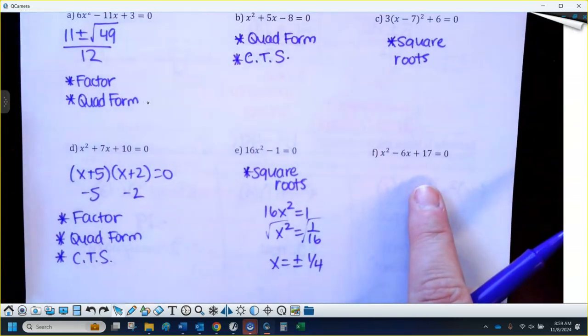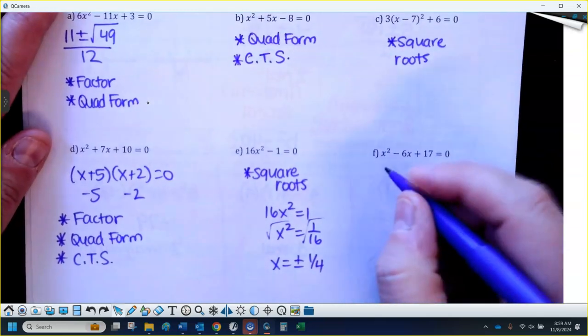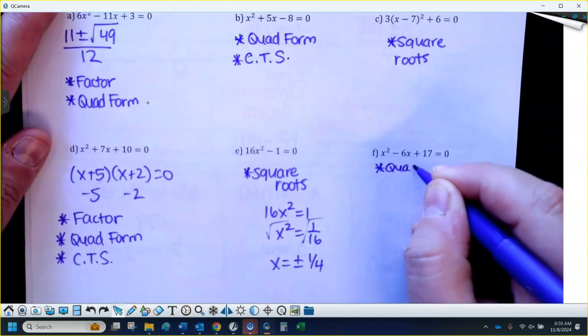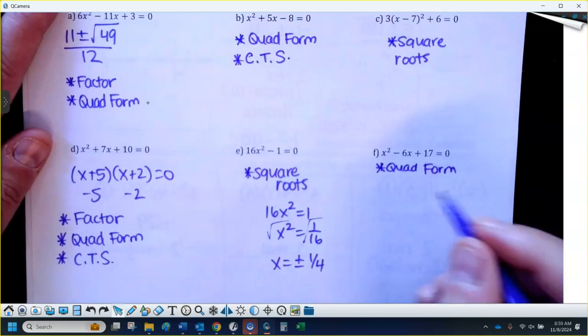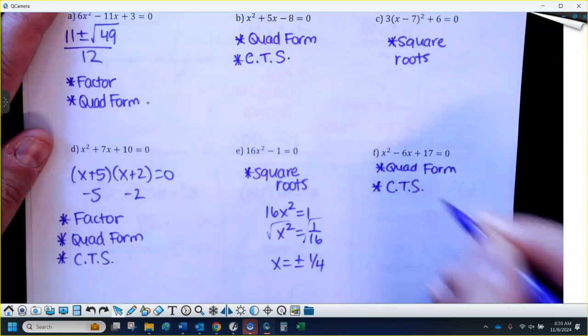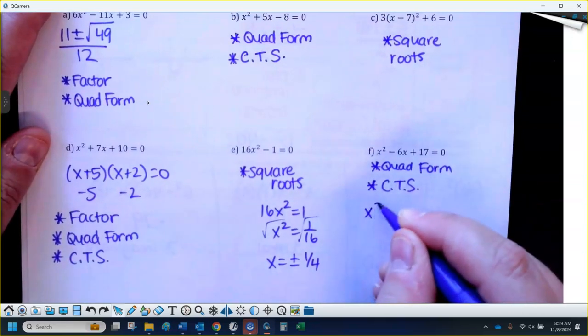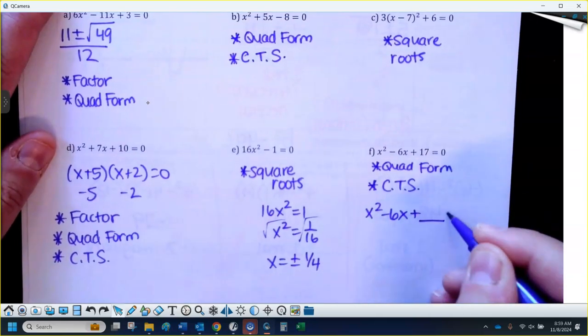Okay, now this last one. You can't think of factors of 17 that add up to -6, so this is not factorable. So I would either use the quadratic formula, or I might lean to complete the square on this, because that b value is an even number.